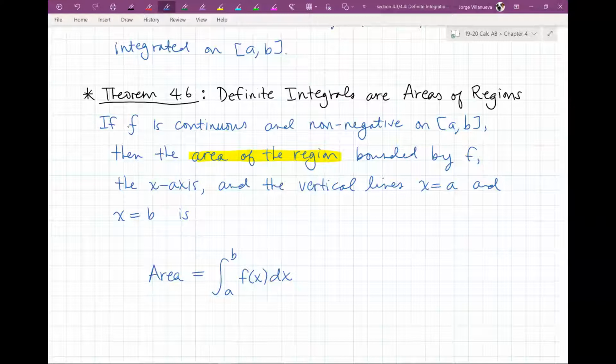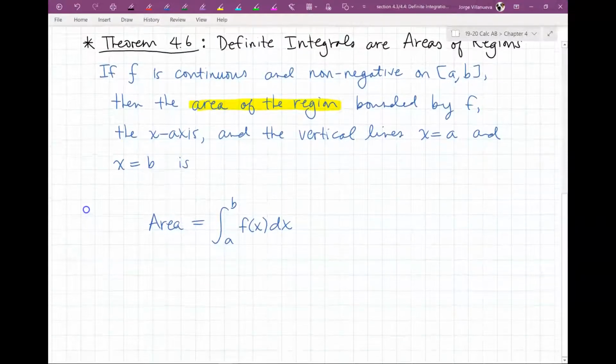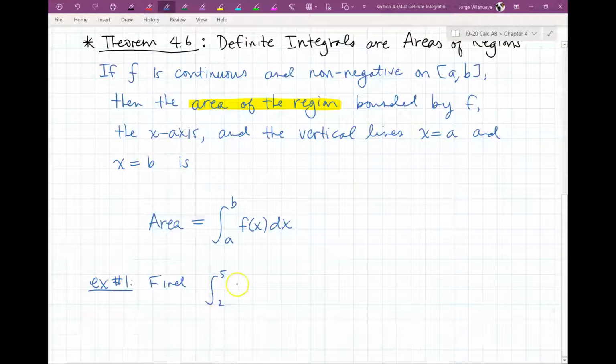So let me show you a real quick example on this. Like I said, I was going to do one of these things. So, example number 1. Find the integral from 2 to 5 of x dx.